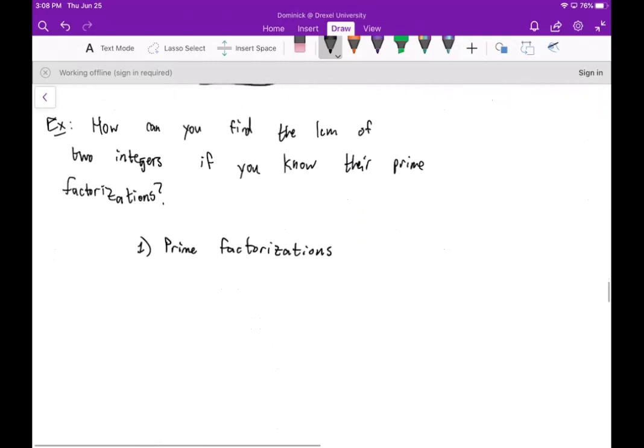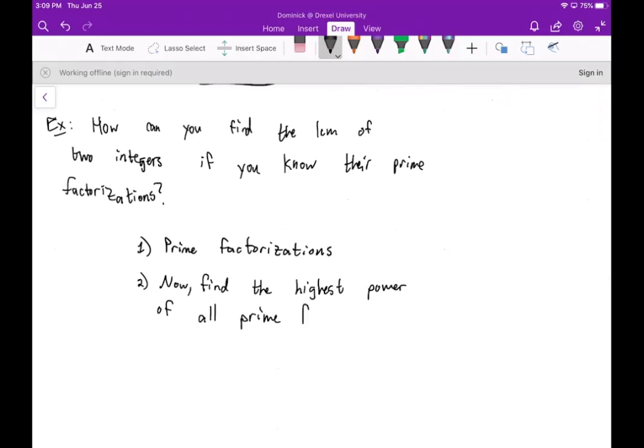Okay, so now back to the example that we started. How can you find the LCM of two integers if you know their prime factorizations? So of course you would want to find the prime factorizations, and now you find the highest power of all prime factors for both integers.